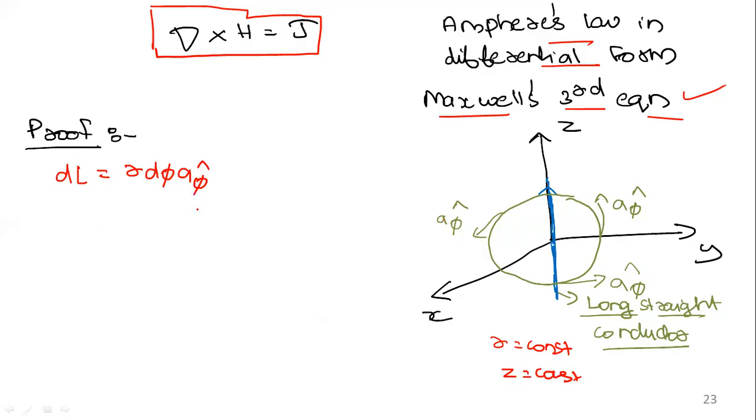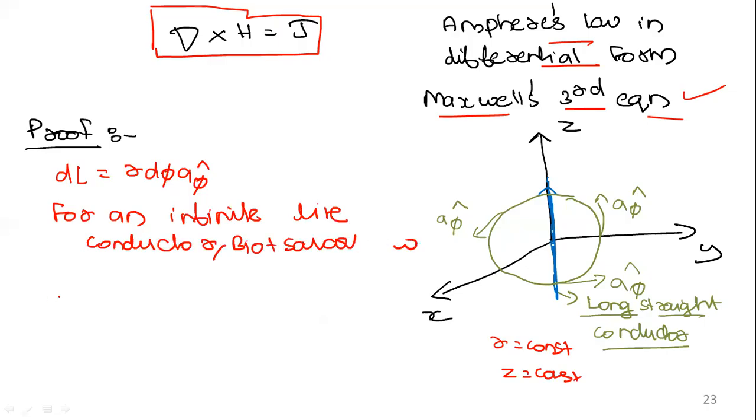We derived for a finite line conductor, using Biot-Savart's law, that the magnetic field intensity H is given by H is equal to I by 2 pi r a phi. For finite length, alpha 1 will be 180 degrees, alpha 2 will be 0 degrees, depending upon how you name them, one angle will be 180 and the other 0 degrees.